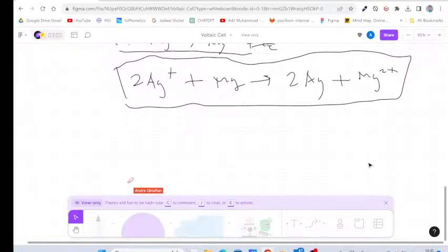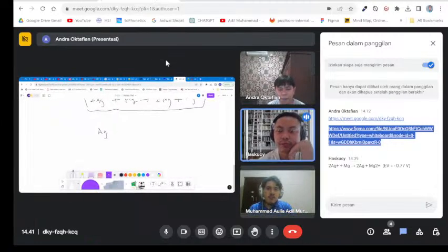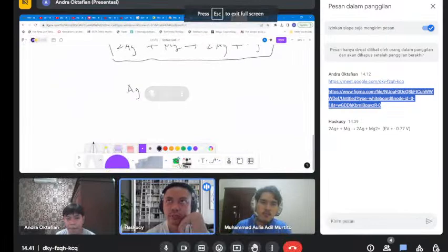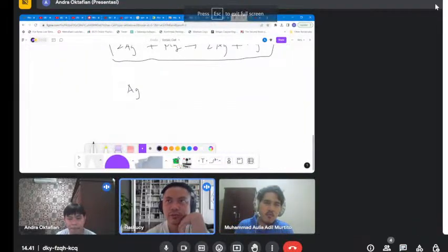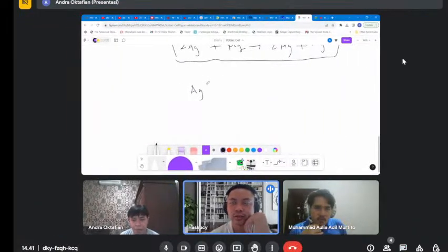I think first, the voltage of silver you need to times 2 because you add 2 to balance it. So basically from 0.8 to 1.6 positive, and then you add it to the magnesium.